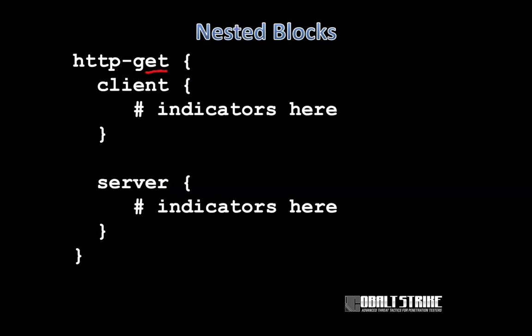We do have global blocks such as HTTP GET, which I explained a moment ago, but within each of our global blocks, there are sometimes nested blocks. And a nested block is a way of defining indicators for an aspect of what that block is controlling. So here we have the client block and the server block. And these are within the HTTP GET block. And the client block controls the HTTP request.